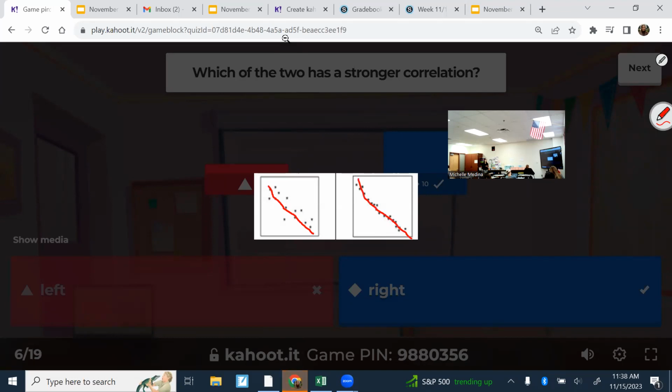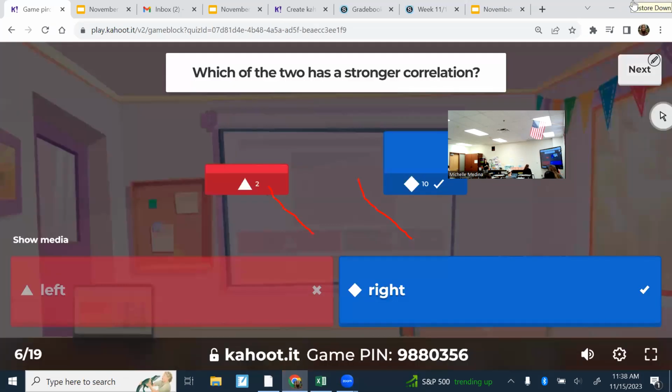Pretend that's a straight line. Okay, so then the one on the right has that closer to the line of best fit. So that is what makes it strong. Nothing to do with whether it goes up or down. Strong is if it looks more like a straight line or less like a straight line.